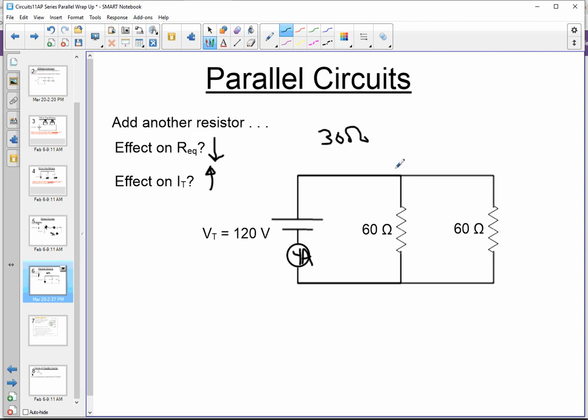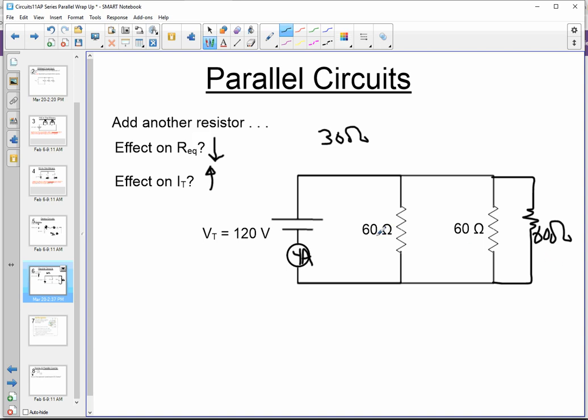Now, what happens if we add another resistor? Let's add another 60 ohm resistor in parallel. So what does that make the new equivalent resistance? Well, once again, we can use our rule of thumb. We have identical 60 ohm resistors and 3 of them in parallel.